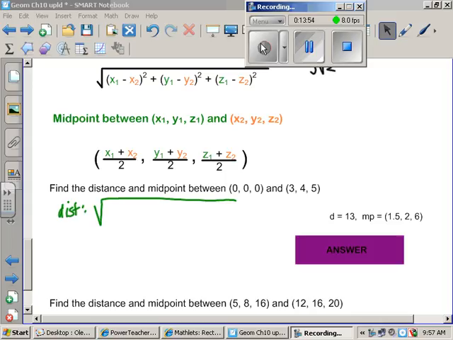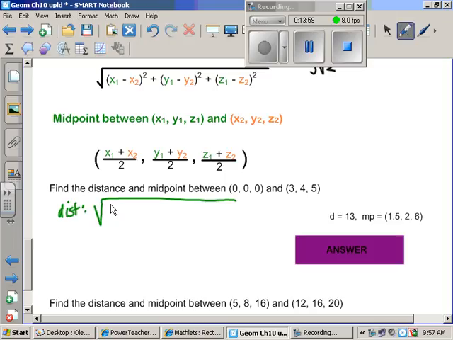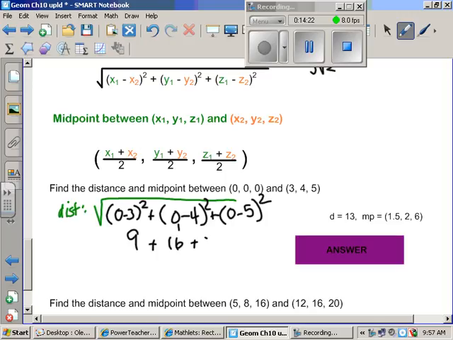Okay, so we do x1 minus x2, so 0 minus 3 squared plus 0 minus 4 squared plus 0 minus 5 squared. So we got negative 3 squared is 9, negative 4 squared is 16, and negative 5 squared is 25. So I get 25 plus 25 is 50, square root of 50, which again is 5 square root of 2.